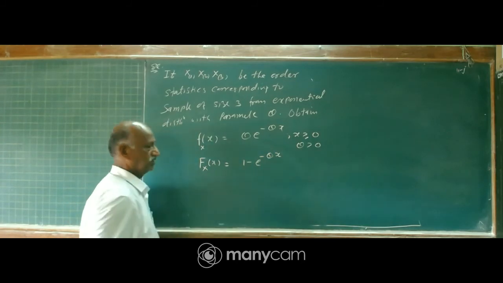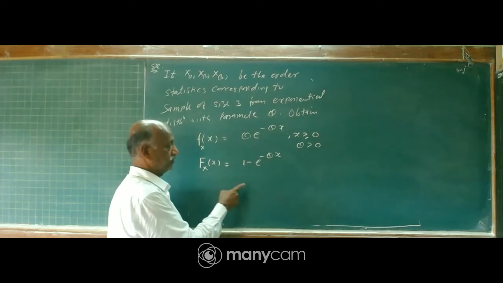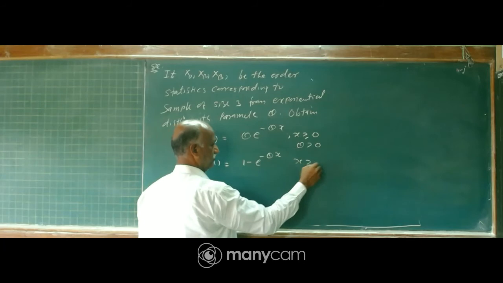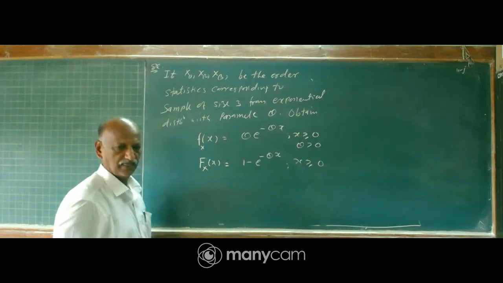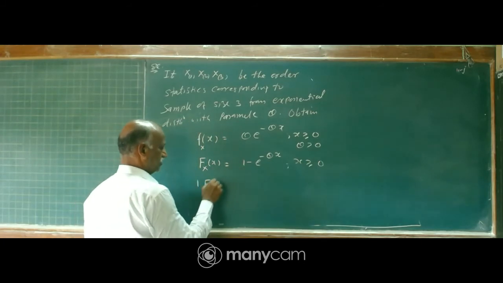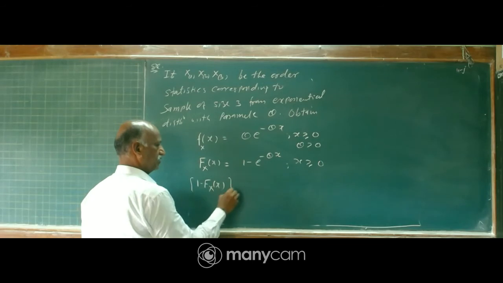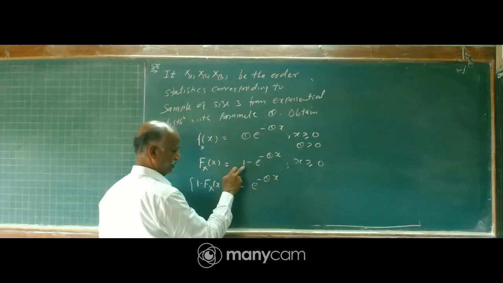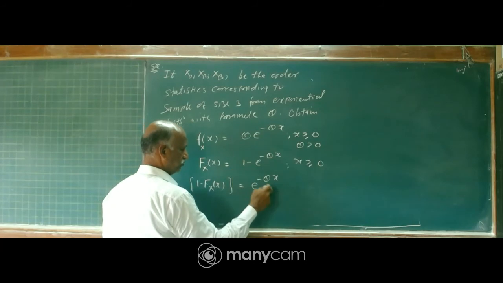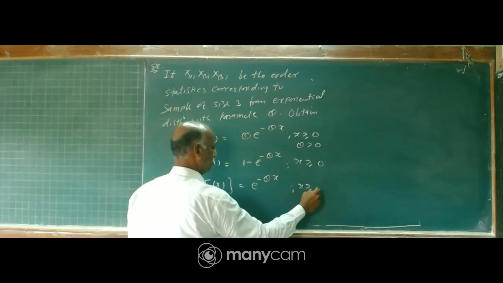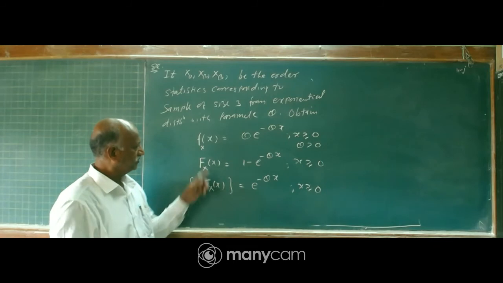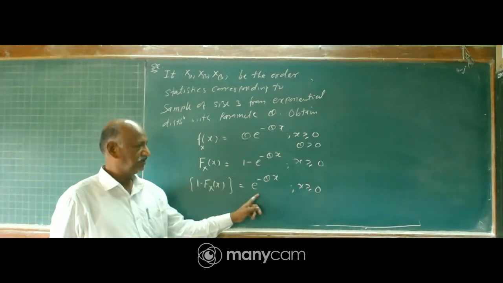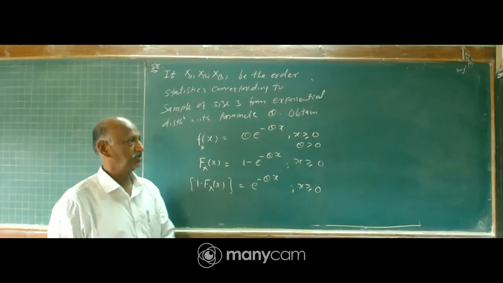This is the cumulative distribution function of the exponential distribution, x greater than or equal to 0. 1 minus F(x) is equal to e raised to minus theta x, again for x greater than or equal to 0. So we know the value of f(x), the CDF F(x), and 1 minus F(x) is equal to e raised to minus theta x for the exponential distribution.